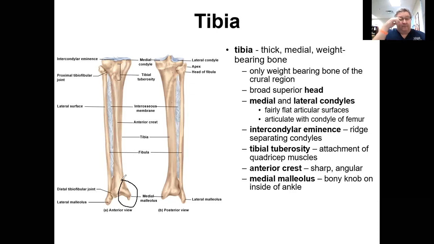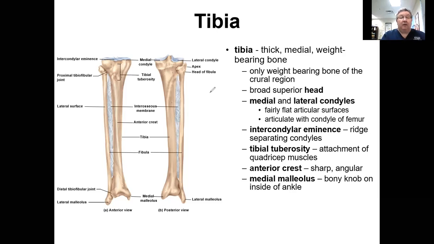Very important. So on the tibia, what you need to know are the two condyles, the medial and lateral condyle. Those are on the proximal end of the tibia. In between those condyles is the intercondylar eminence, a mountain-like structure, and that's actually where the anterior and posterior cruciate ligaments attach.